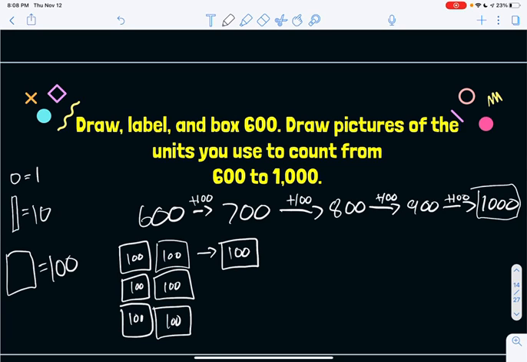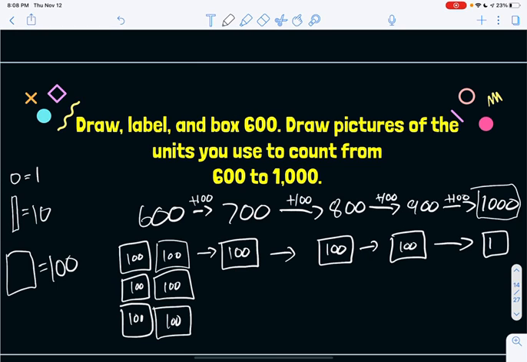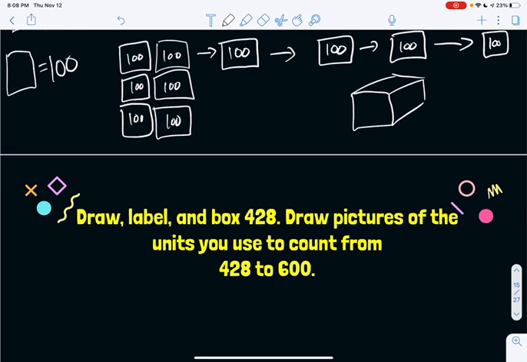So now we're at 600 and we add 100, which will give us 700. We add another 100 block, which will give us 800. We add another 100 block, which will give us 900, and we'll add the last one, which will give us 1,000. And 1,000 can be drawn like a cube, like that. Perfect.